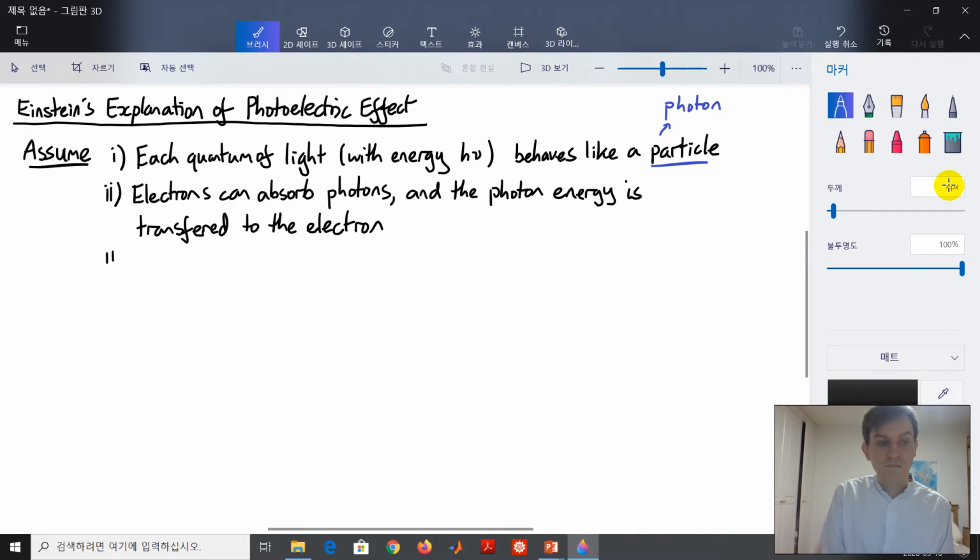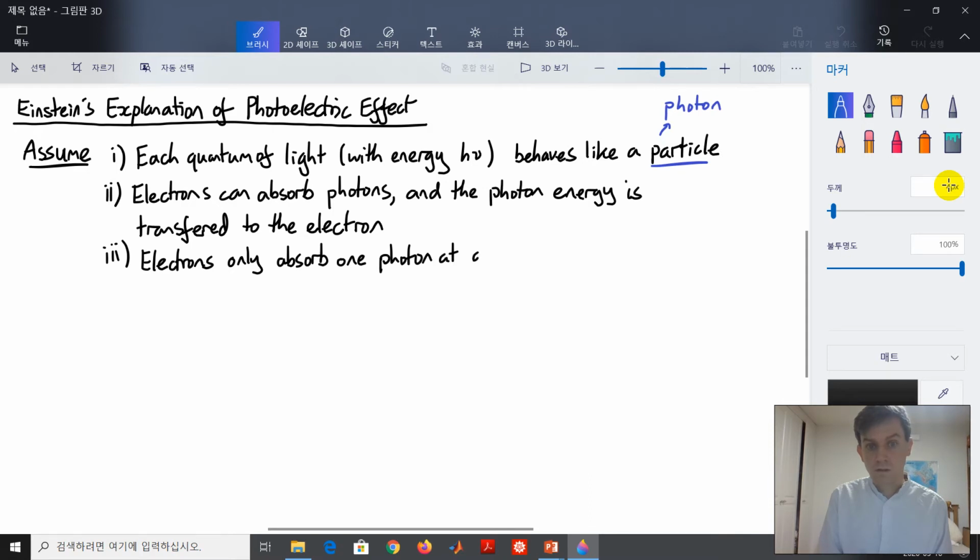And finally, in order to make the theory give the right predictions, you assume that the electrons only absorb one photon at a time. So no electrons absorb 2 or 3 photons. Each electron just absorbs one photon at a time.